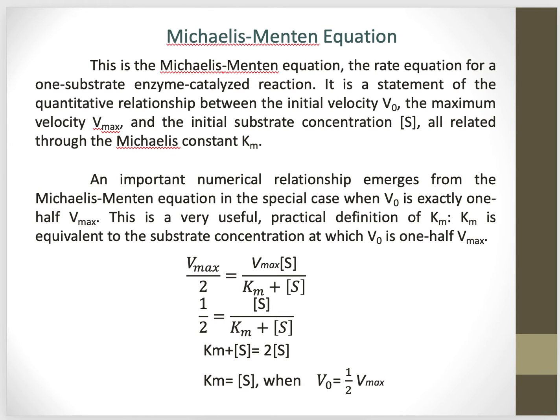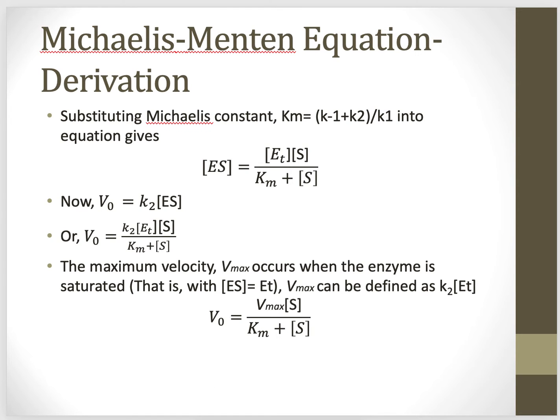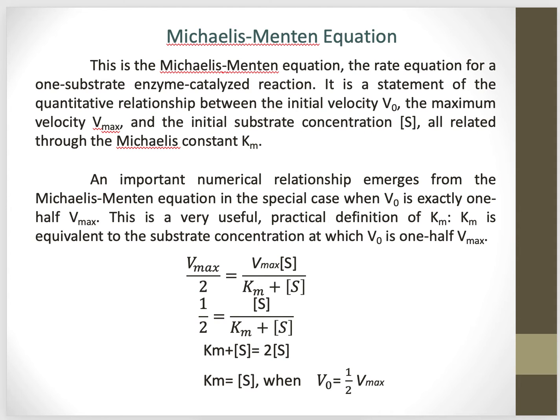This is the definition of Km. If we consider that V0 is exactly half of the Vmax, then we can substitute the value of V0 by Vmax by 2, half of the Vmax. So Vmax by 2 will be Vmax times substrate concentration divided by Km plus substrate concentration.